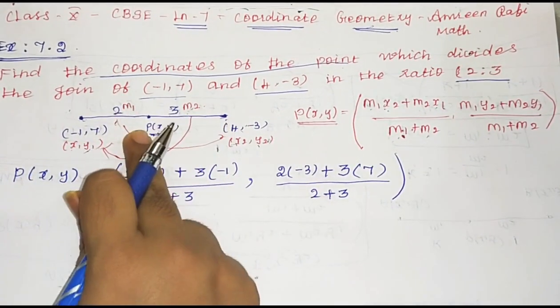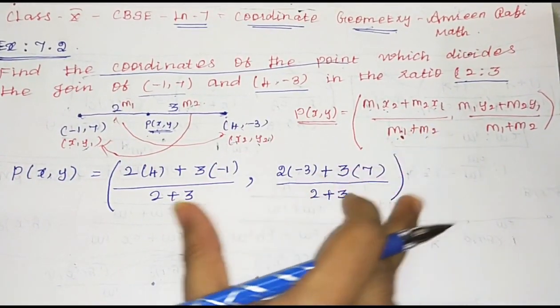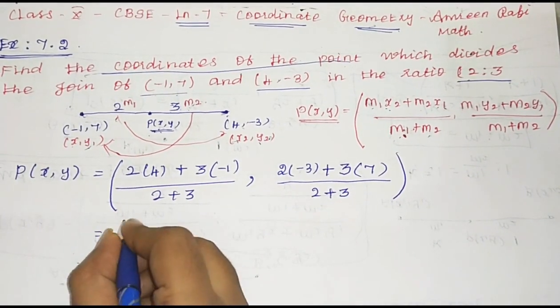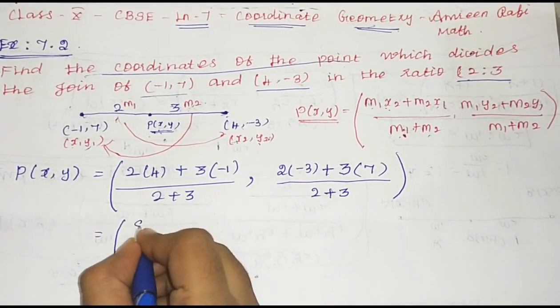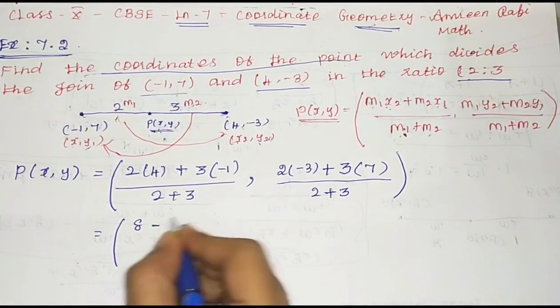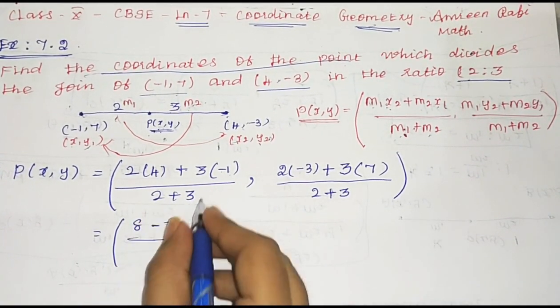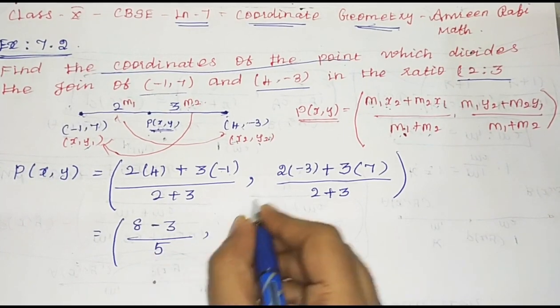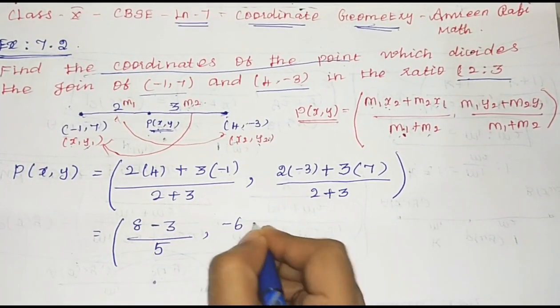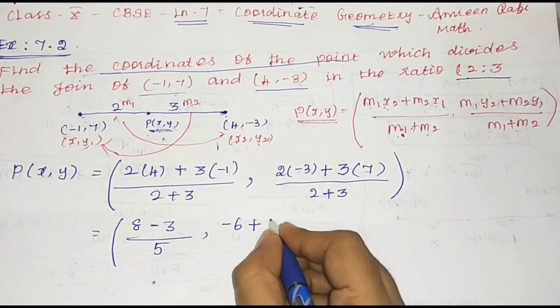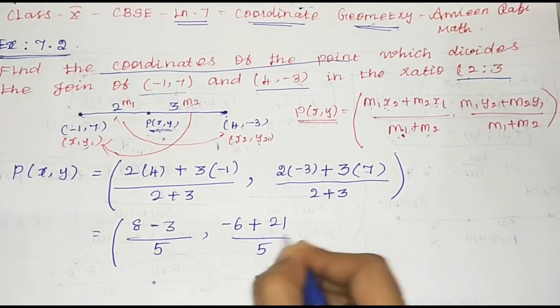You are taking these values and substituting in the formula. So now simplify. 4 2s are 8, plus into minus minus, 3 1s are 3. The denominator 2 plus 3 is 5, comma 2 3s are minus 6, plus 7 3s are 21. The denominator is 5.